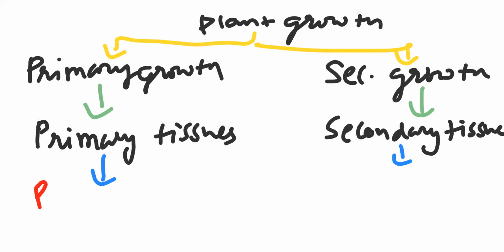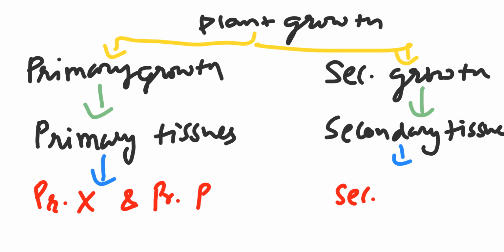Among them are primary xylem and primary phloem. Here also secondary xylem forms and secondary phloem forms. Up to here, the things must be clear on your side. Are they clear?